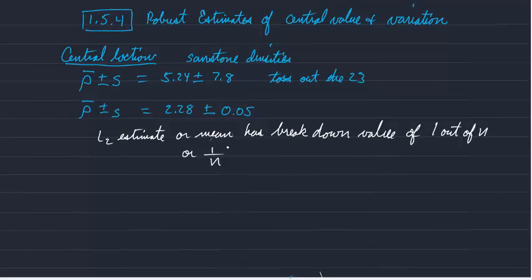So just 1 out of n values was enough to lead to a large change in the L2 estimate, which was the mean.